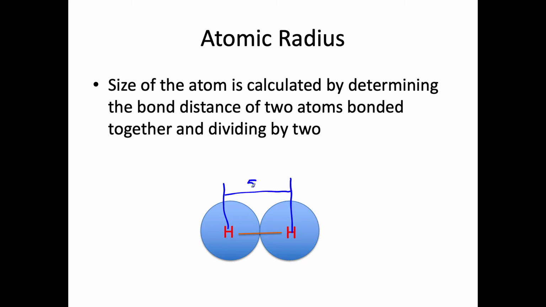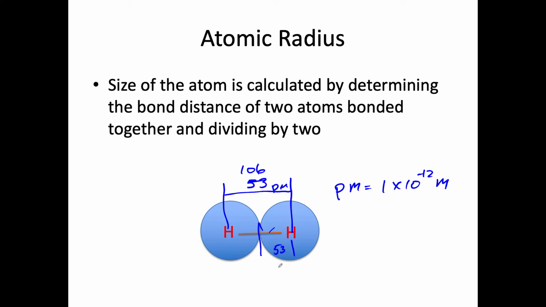I think this is about 53 picometers, where a picometer is 1 times 10 to the minus 12 meters. So they're very, very small. And actually, I should say this is 106 picometers between the two. So divide that by 2, and you get the distance between here and here is 53.